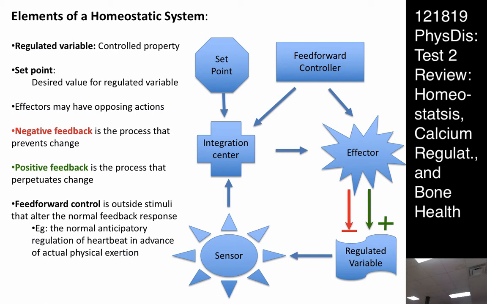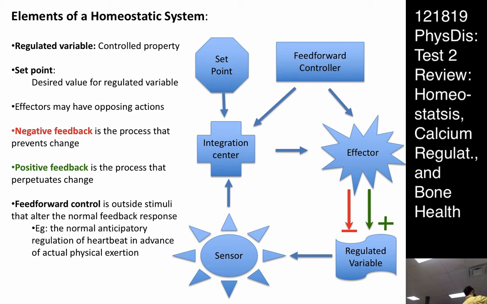And there are going to be mechanisms, sensory organs, sensory neurons, that are going to monitor sensors. Those sensors are going to send their information to some kind of integration center, maybe in your brain, maybe in some sort of endocrine tissue, that's going to take that information and essentially compare the value of the regulated variable to a set point.